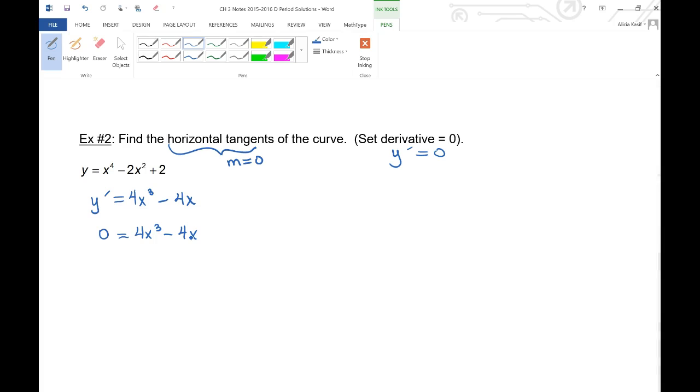Factor out 4x, good. And I get 4x equals 0 and x squared equals plus or minus 1. You can either keep factoring, or you could just set them equal to 0. Either way, you're going to get the same answer. So at x equals 0, -1, and +1.